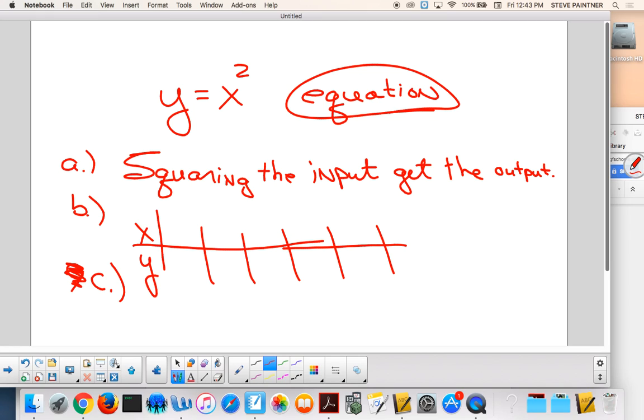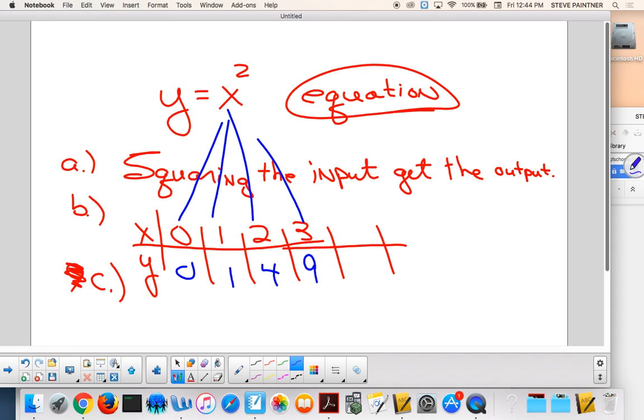So if I graph any of those points, let's do 0, let's do 1, 2, 3, that's probably good enough. If 0 goes in, what's the answer? 0. 1 goes in, 2 goes in, 3 goes in. So you can numerically look at a function. It's a table. It's kind of telling you where to go.